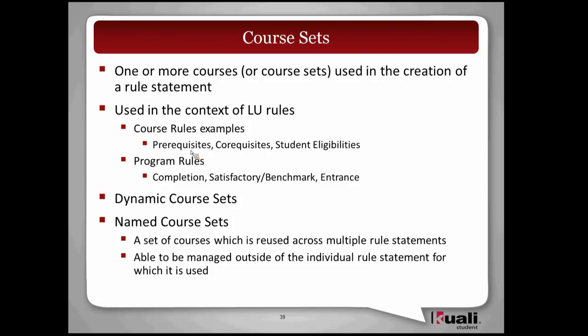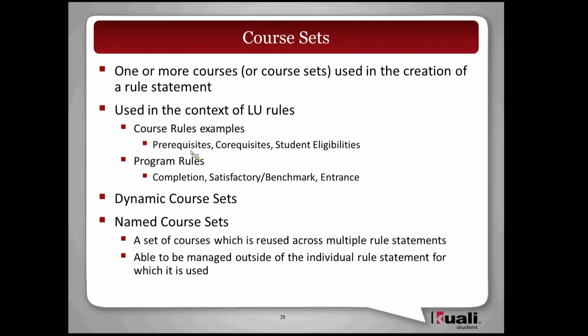For instance, you might say you need 6 credits of social work in the 300 to 400 level course range. You can create that rule, and it will dynamically display what that means at all times. If you add a new 400 level course, within 5 minutes that rule automatically updates. So that's more of a dynamic course set.